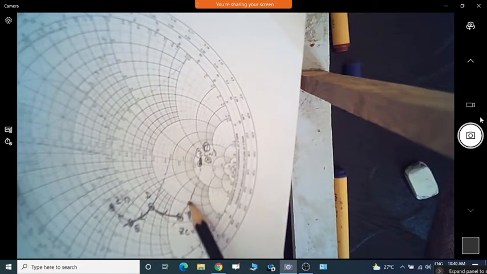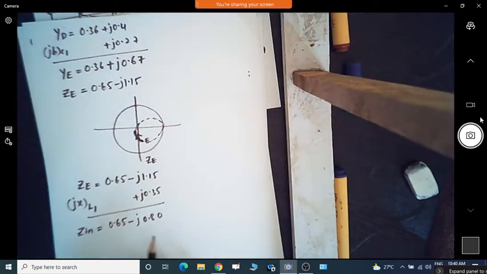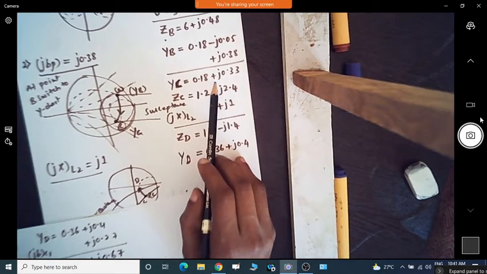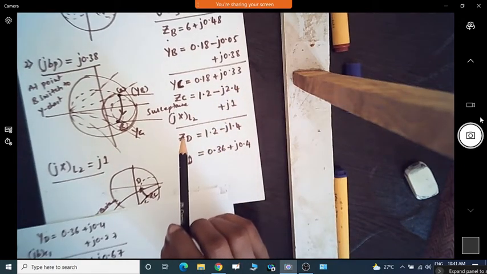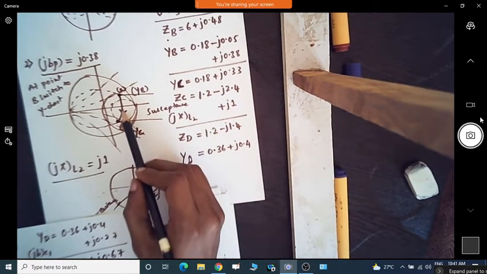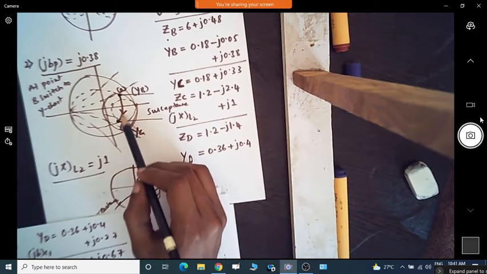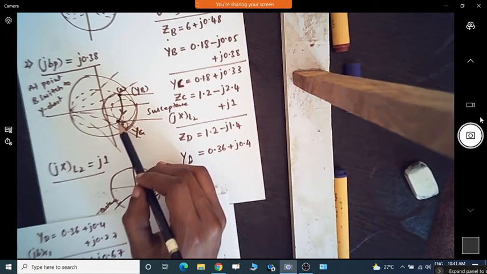So that YC value we are getting here, 0.18 plus j 0.33. We are coming down on the conductance circle because we are adding the shunt capacitance.